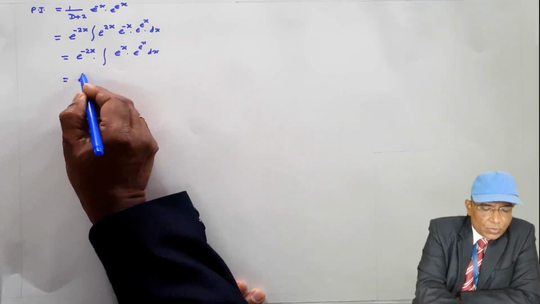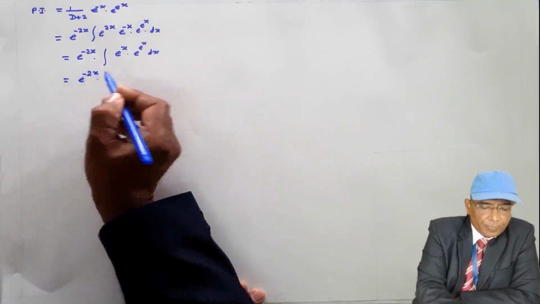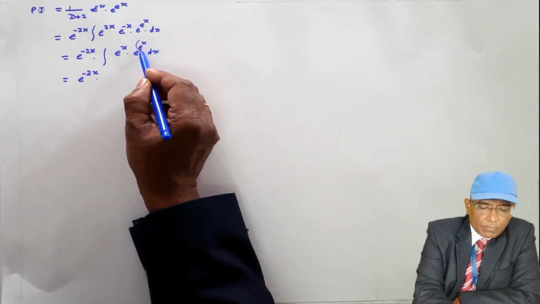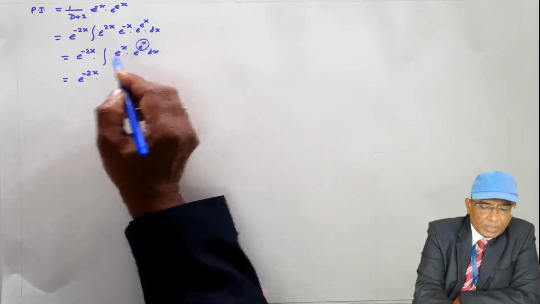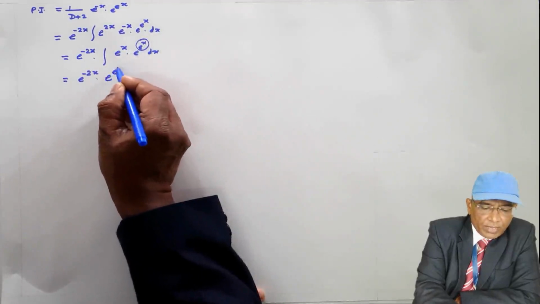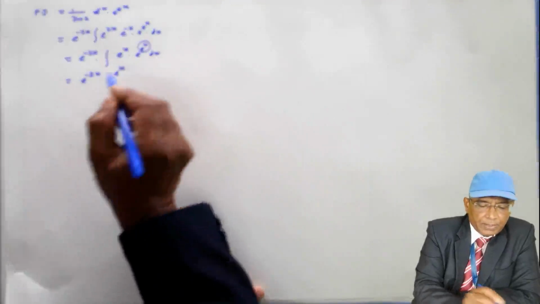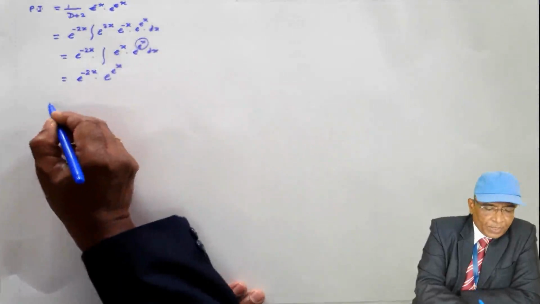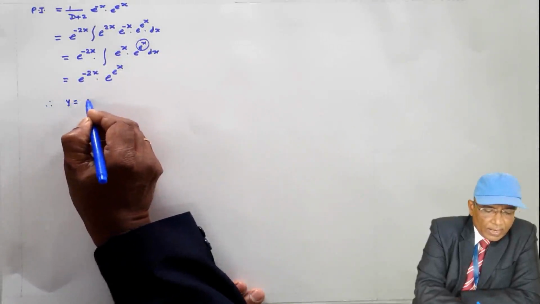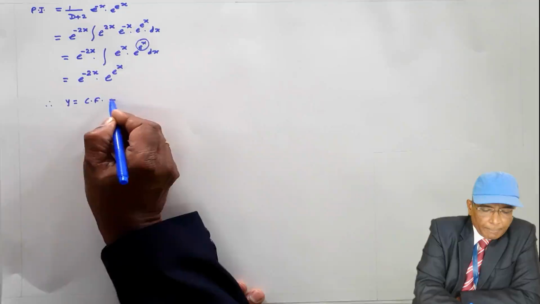Therefore, e raised to power minus 2x, and the derivative of the power of e is present here. Therefore, the integration of the total term is the same as we have done on the previous page. So the solution is y equal to Cf plus PI.